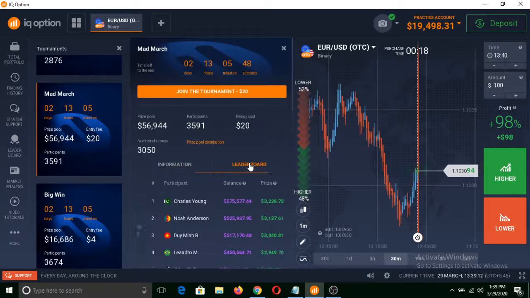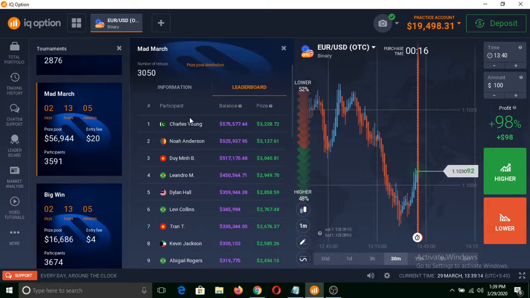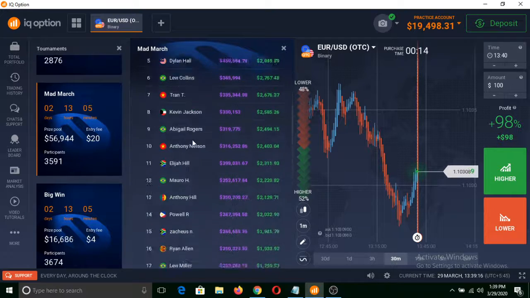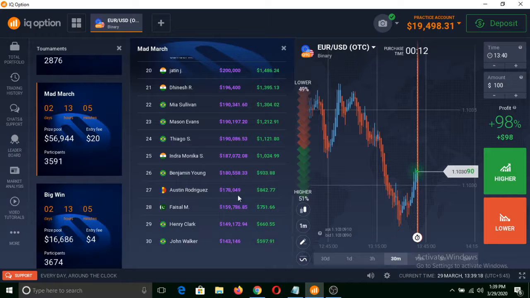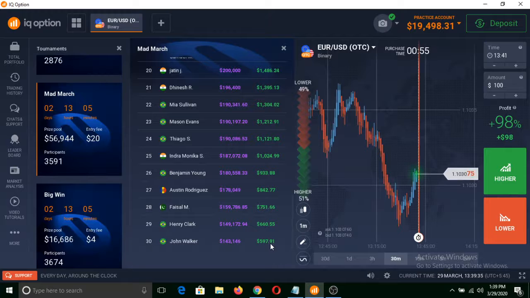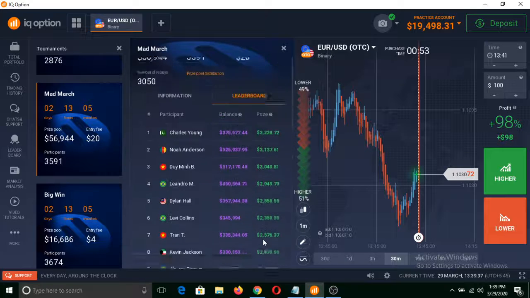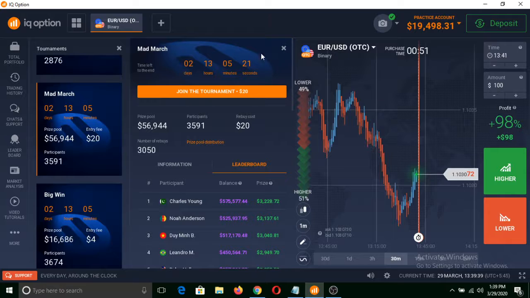And if you are able to increase the fund and be in the top 30 position, then you will win real fund that you can withdraw from this platform. Let's say you are able to grab a position in this 30 number, then you will be able to win $597.91. Now this tournament is going to finish after 2 days and 13 hours.